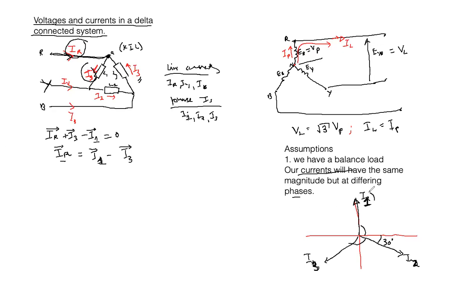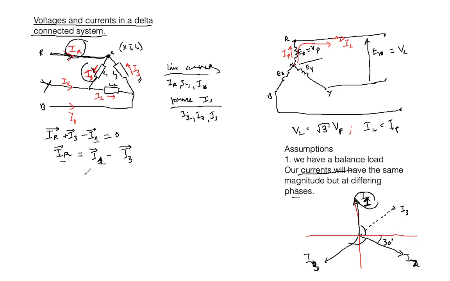So where is I1? I1 is this one. Where is I3? It is this one. But we have to subtract, so therefore I have to put this in this direction. In that direction, that's a negative. This becomes a negative I3. Yeah?